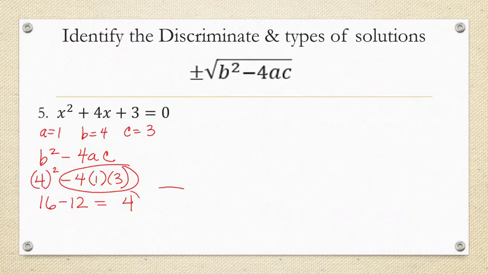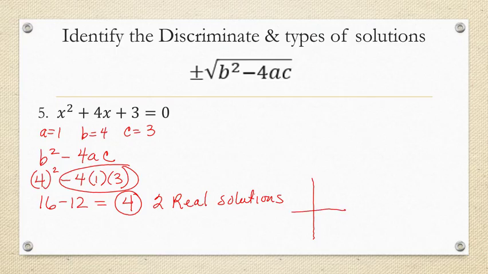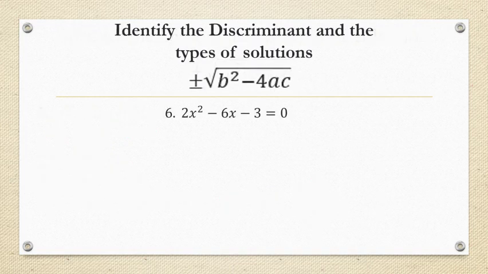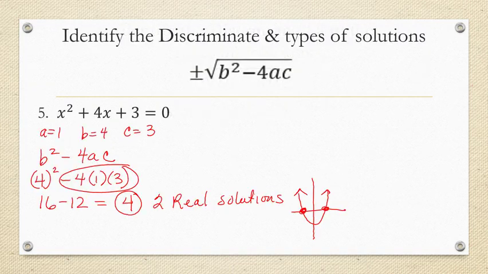B squared minus 4ac is bigger than 0. So that's going to give me 2 real solutions. Means it's going to cross the x-axis twice. Okay? I don't know exactly where it's going to grab, but it's going to be something like this. It's going to cross in 2 spots. Okay? Something like that.